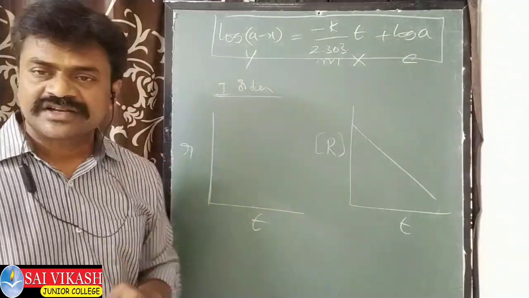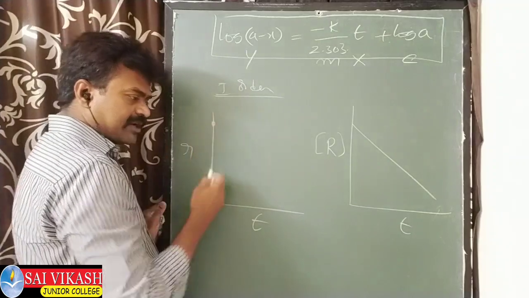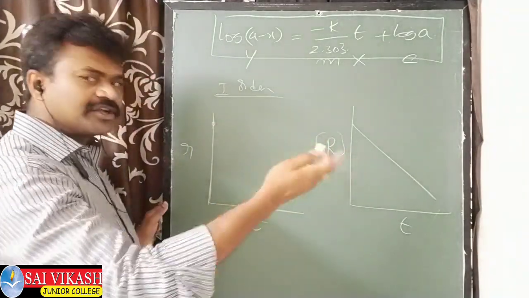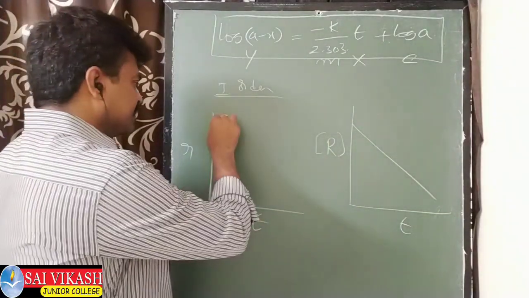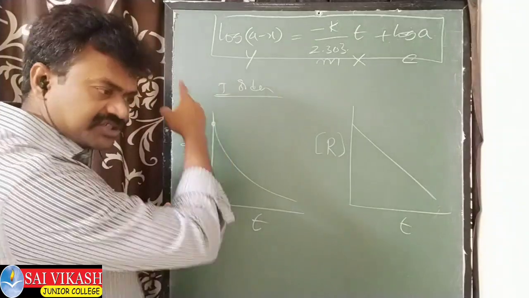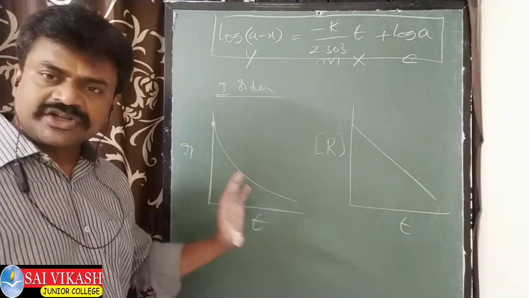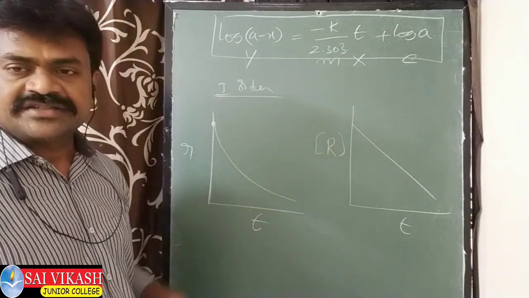But for first order, initially rate will be more, but with time the concentration of reactant decreases, not regularly, irregularly decreases. That's why the graph will come like this. Speed decreases irregularly, not regularly. And for the zero order, it constantly decreases.